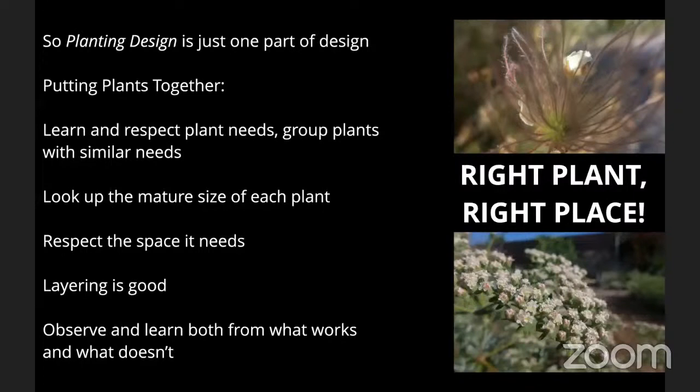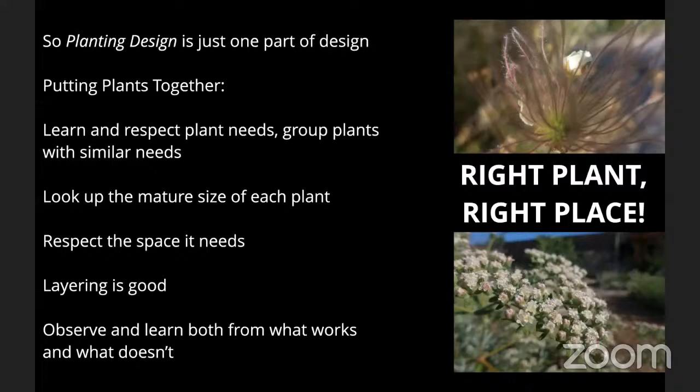And then as you go, observe and learn both from what works and from what doesn't work. And after you do this for a number of years, you will start to realize that your most important lessons in garden design, sometimes your best insights, are going to be from learning from when things don't go well.